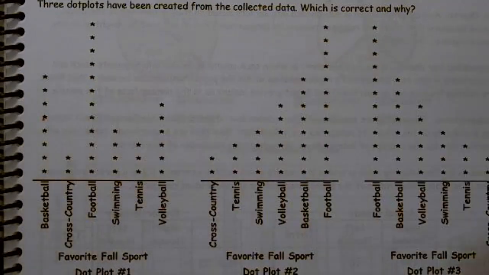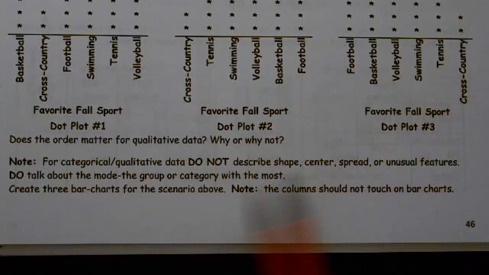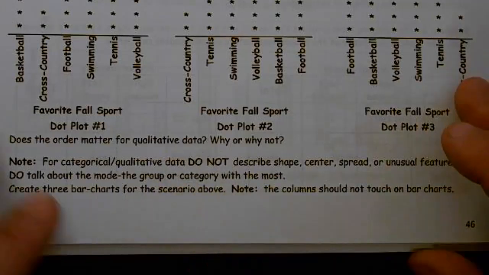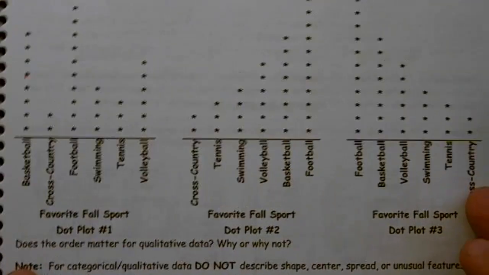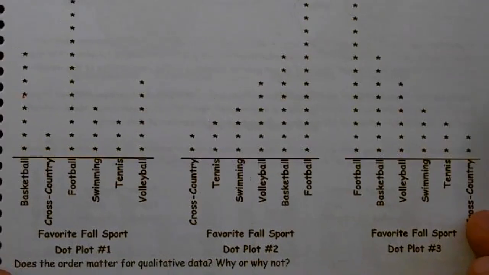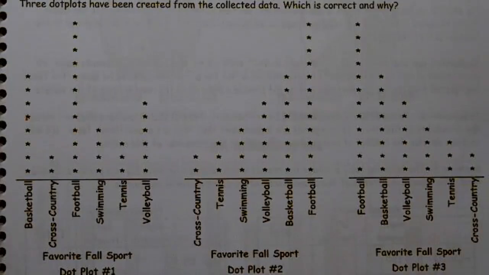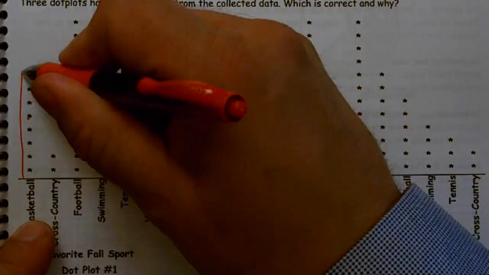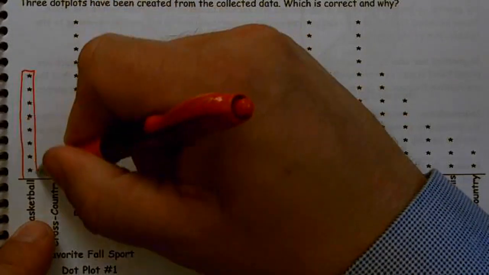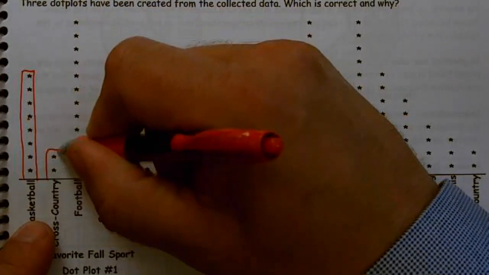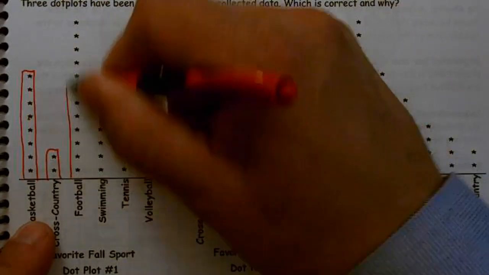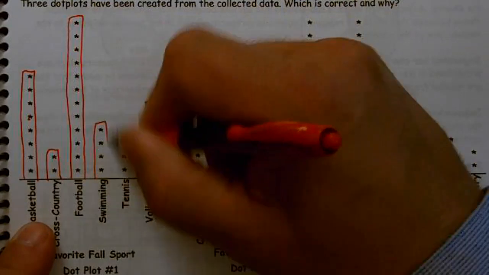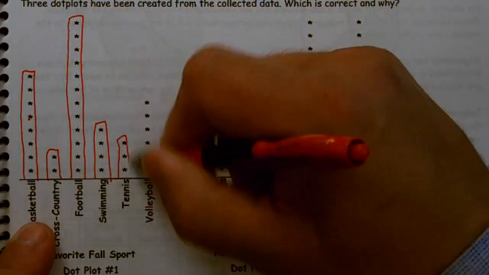At the very bottom of the page, it asks us to create 3 bar charts. The reason I'm doing this is because it's so easy to do. I find that the easiest way to create a bar chart is to start off with a dot plot. So I'm just going to create one here, and all I did is create a dot plot and then box it in. Notice I'm having the columns not touch, and the reason they're not touching is because there's no order to them.